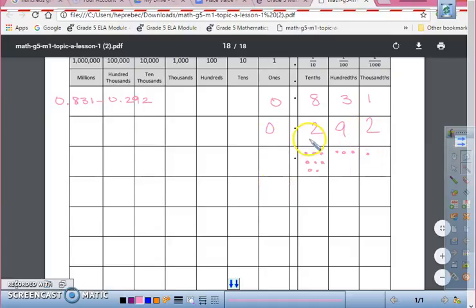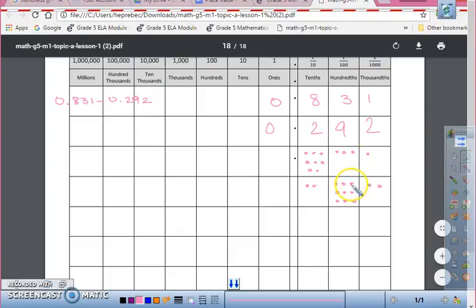Then I'm going to represent 292 thousandths as discs. So I've got 2 discs here. I've got 9 discs in the hundredths place, and 2 discs in the thousandths place. So I cannot take 2 from 1. I can't go to the store and buy a $2 candy bar for $1.